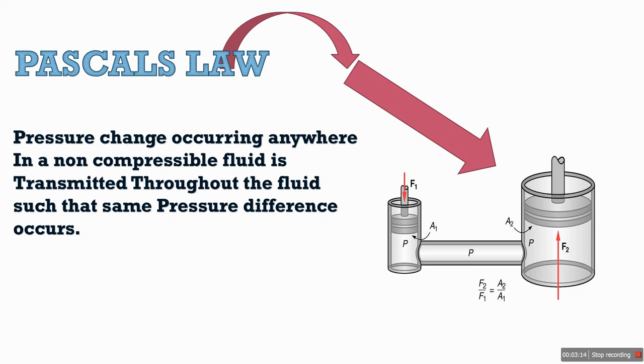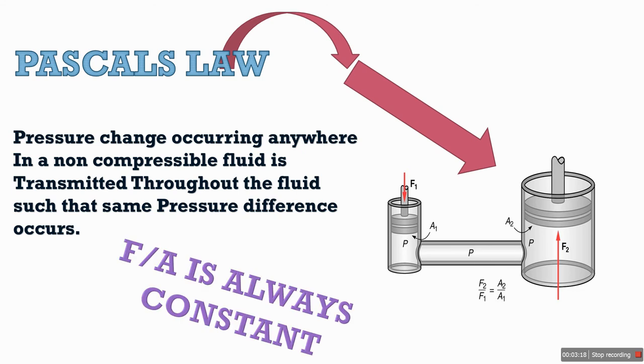If I want to formulate Pascal's law in a single formula, I will say that F upon A is always constant. So let's understand it better. In this picture, there is a piston cylinder arrangement with area A1 and a piston cylinder arrangement with area A2.